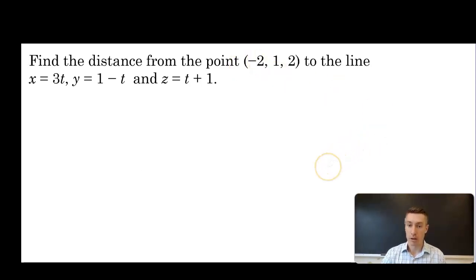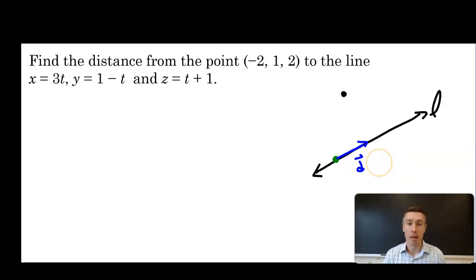Again, let's start with a picture to get a sense of what we're looking at. So we have our line, label that L, and we have our point in space. On the line, we can find a point, and we can also find a direction vector, just to include some of the information that we would be able to pull out rather easily.